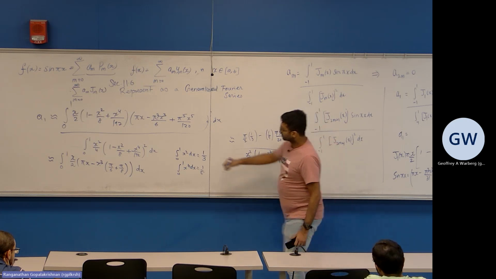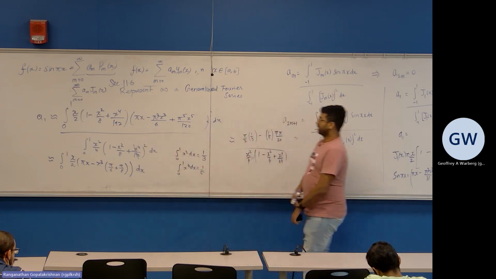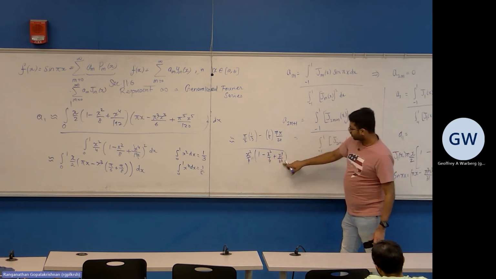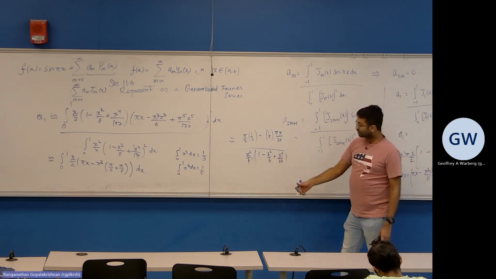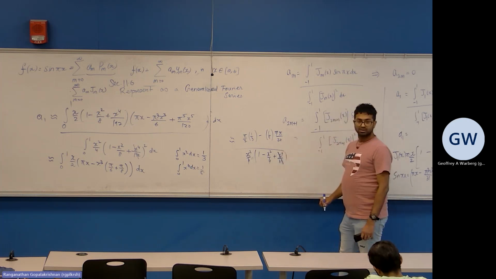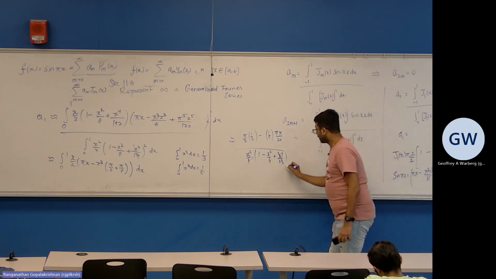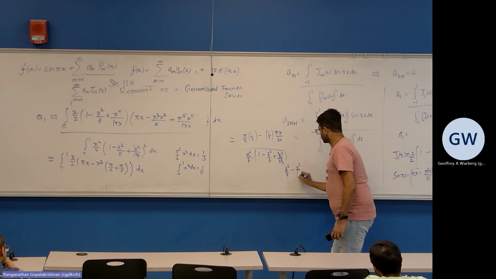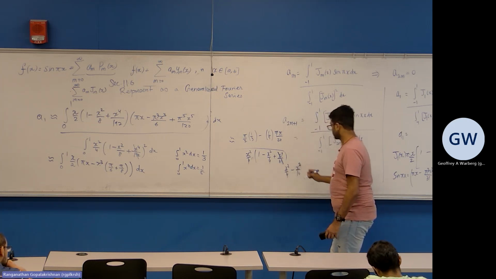I'll even drop this from my denominator. And when I further multiply x squared and x to the fourth, I don't care about higher powers. I'll again drop this. So I'll have in the denominator x squared over 4 minus x squared over 16. Sorry, x to the fourth over 16.